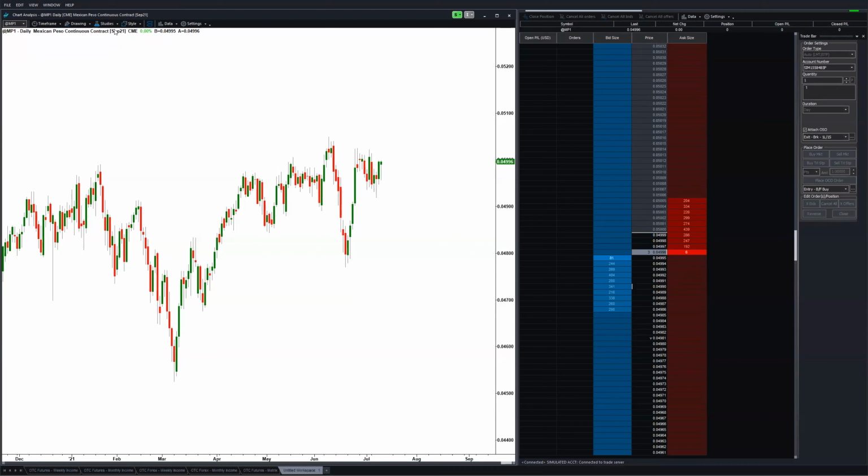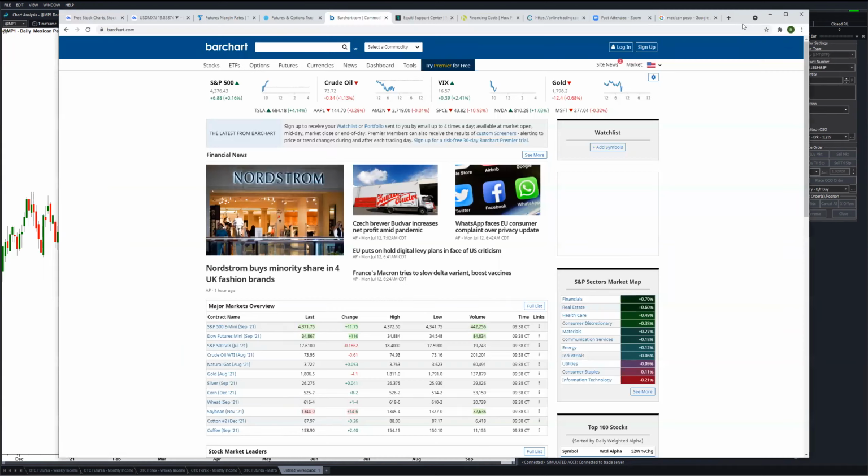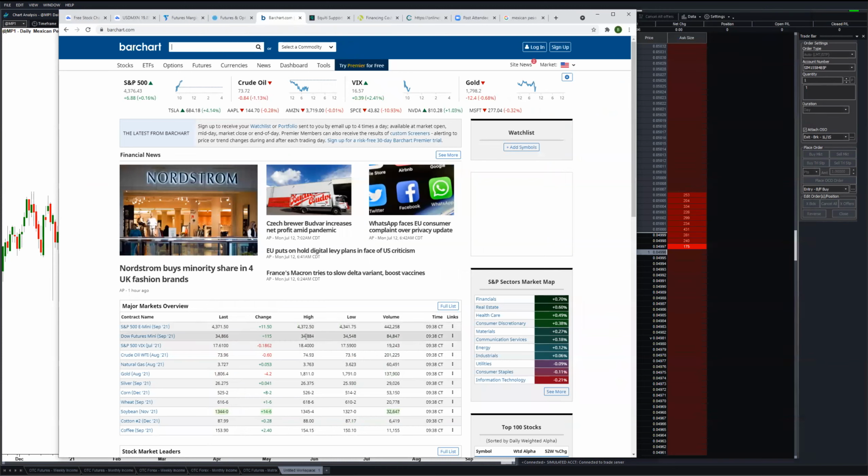But here I see the September is the front month. So I need the September contract of MP1. What website do I use for that? We're going to look at this also. This is just an introduction, basically, guys. No worries. I'll go through this very, very slowly in a few minutes as well.